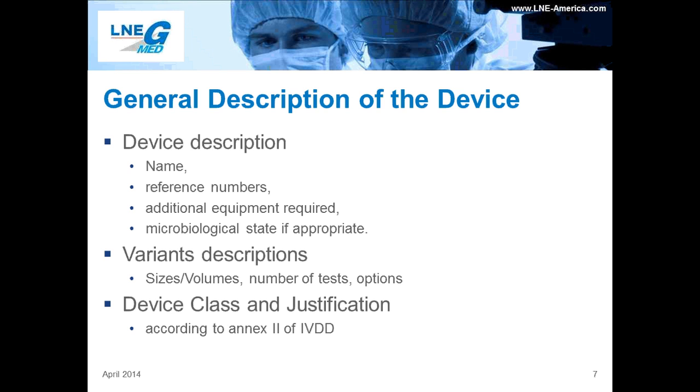Variants of the device, description of the variants, and any corresponding reference numbers should also be included. Sizes or volumes of the device, and the number of tests in each kit should be documented as well. And the device class and justification according to Annex 2 of the IVDD.